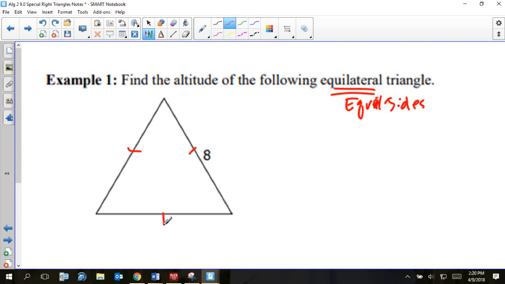They're all 8. I have to find the altitude. Do you remember what altitude means? Height. But specifically, it starts at a vertex, it connects to the opposite side, and makes 90 degrees. So it is the height, but it has to start at the vertex, go to the opposite side, and make 90 degrees.